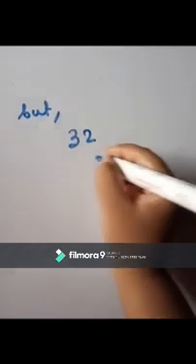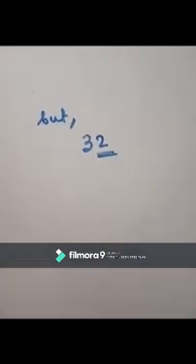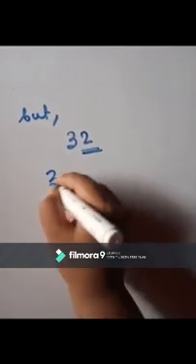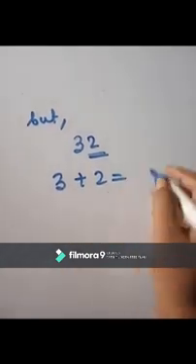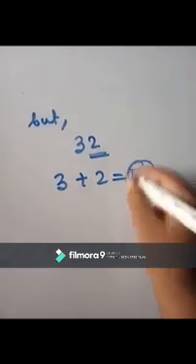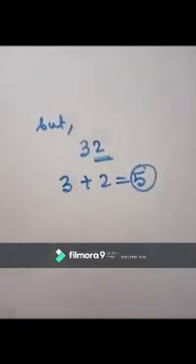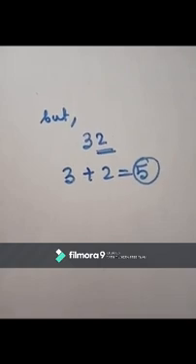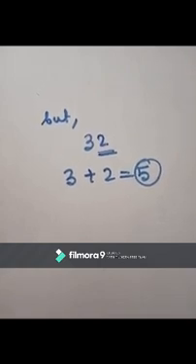Again, 32 is a number which is divisible by 2 as the last digit is an even number. But it is not divisible by 3 as if you add them, the sum is not divisible by 3. So 32 is not divisible by 3. Hence 32 is not divisible by 6 also.